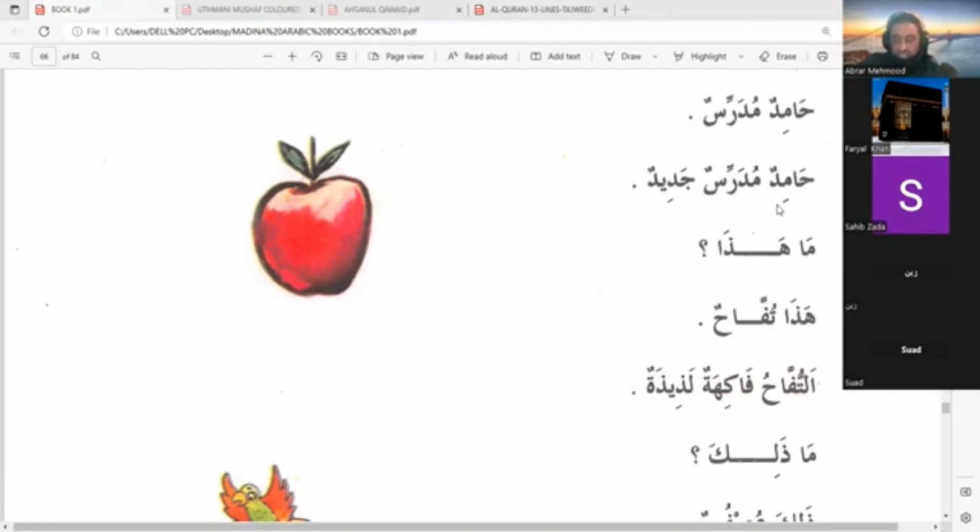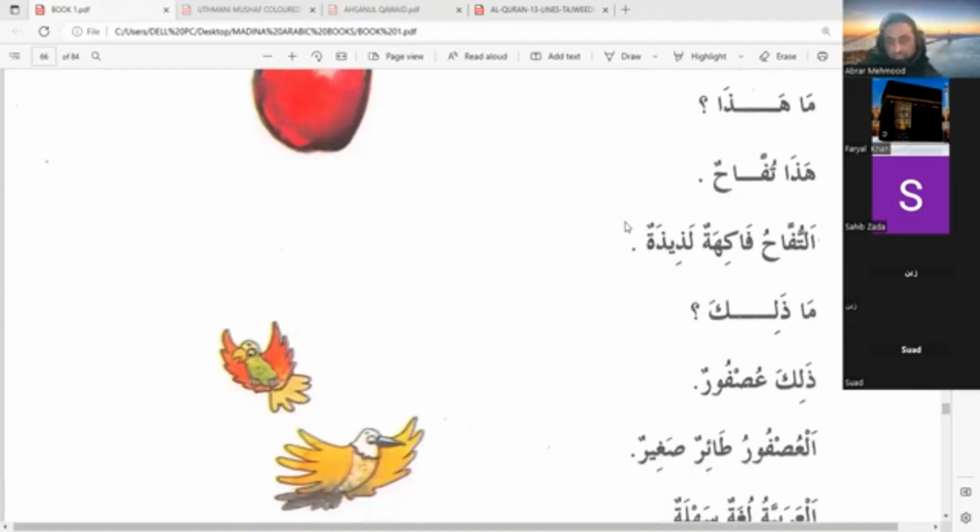Masculine. Is it singular or plural? Singular. Do they have the same harakat or symbols? Yes, tanween at the end. There we go. So that is your explanation of Mawsuf Sifa, noun and its adjective.